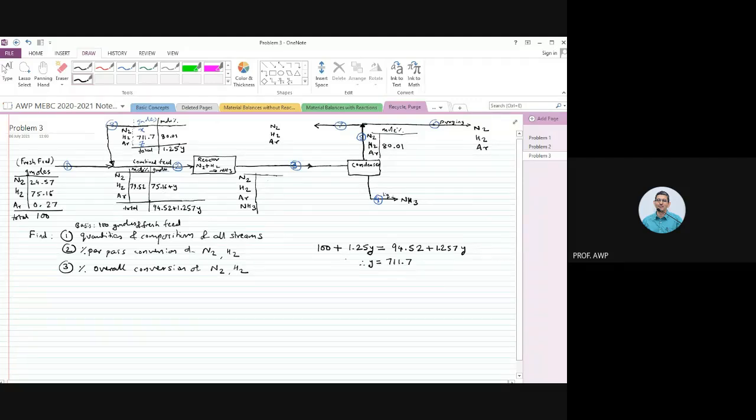Hydrogen in the fresh feed would be 75.16 plus that 711.7 together would be the hydrogen in the combined feed. So tell me that value, 75.16 plus 711.7. Smith? 786.86. Okay, 786.86.